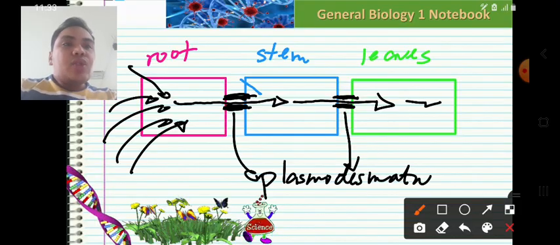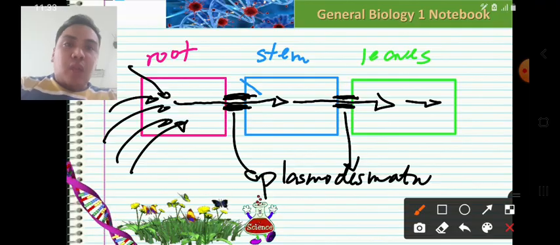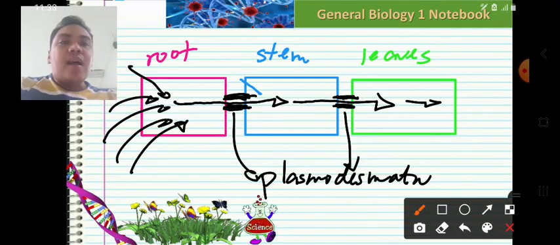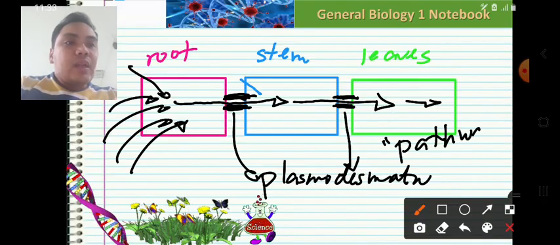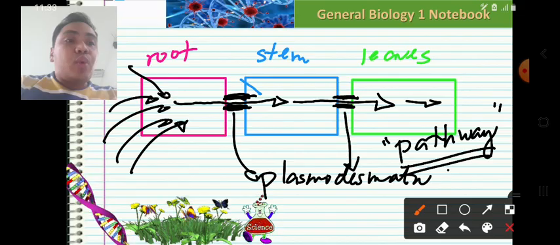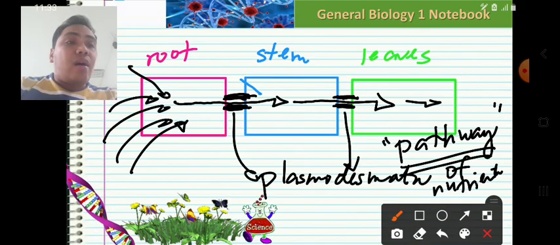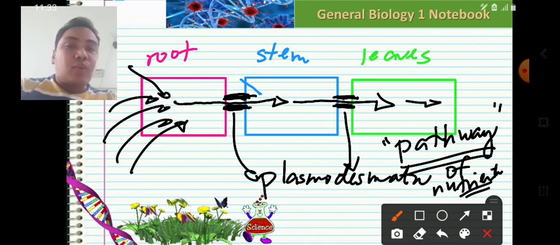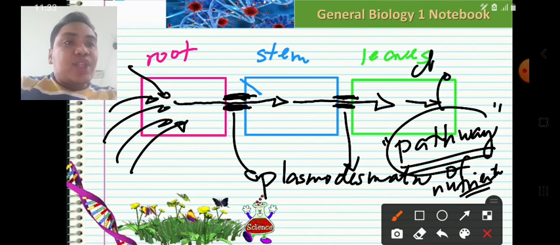Okay? So, in other words, using this simple illustration, we can conclude that the main function of plasmodesmata is that it serves as the pathway of nutrients, since they are the tiny holes of the cell wall. So these tiny holes serve as the pathway, or let's say channel.